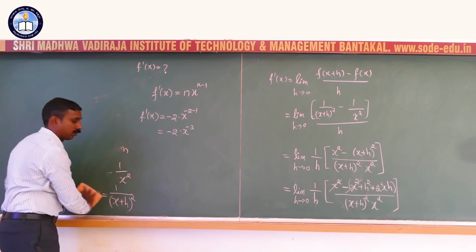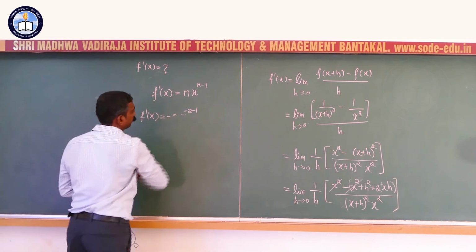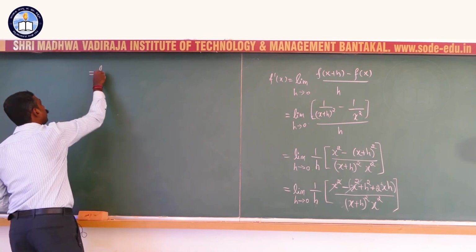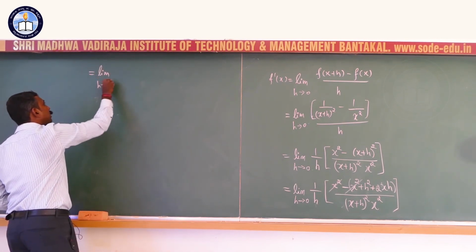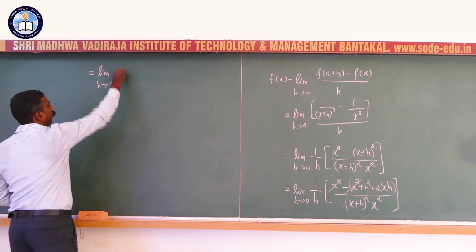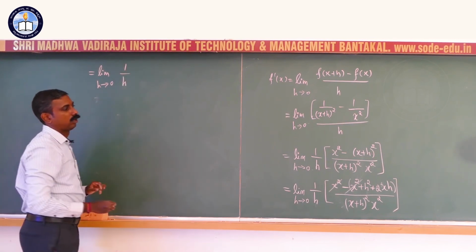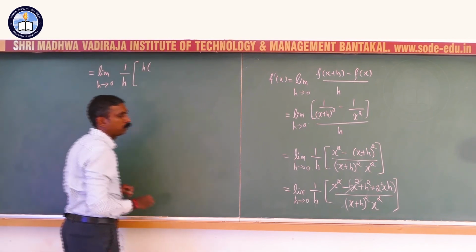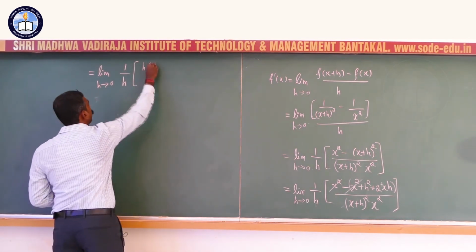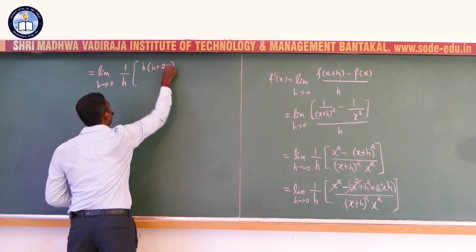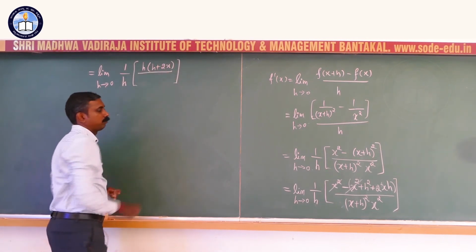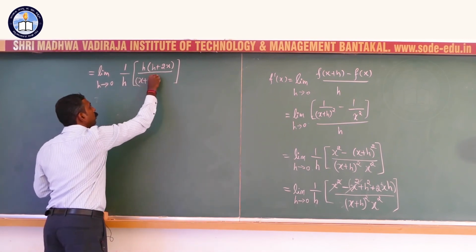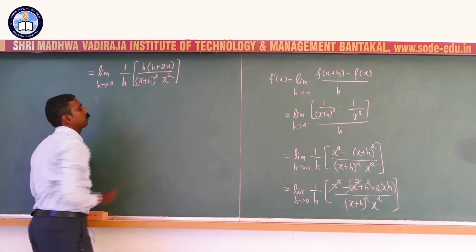So, when you take h outside, it is limit h tending to 0, 1 by h into h plus 2x whole divided by x plus h whole square into x square.